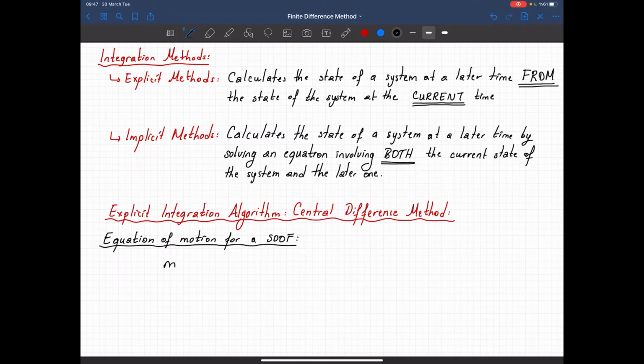We have m times u double dot plus c times u dot plus k times u equal to any excitation force, and in this equation u double dot is the second time derivative of the displacement and u dot is the first time derivative du over dt.